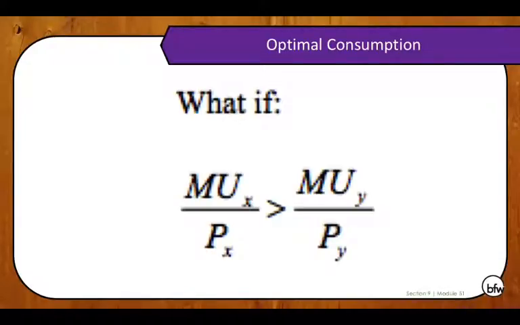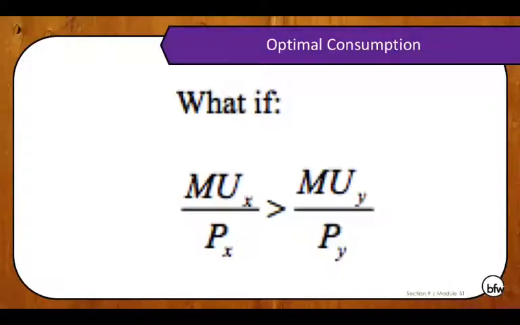So what if the marginal utility of one good divided by the price of that good was greater than the marginal utility of another good divided by the price of that good? Well, you're getting more bang for your buck with good X, so you want to consume more of it.